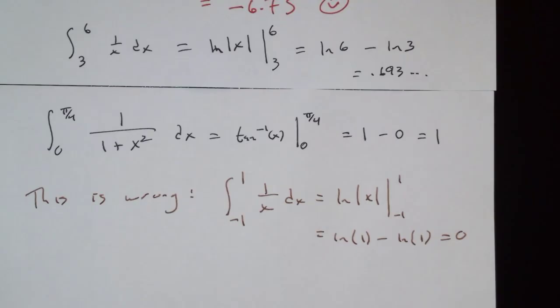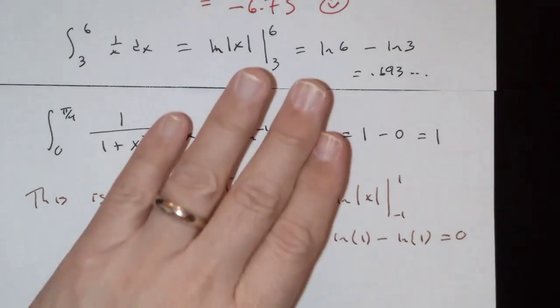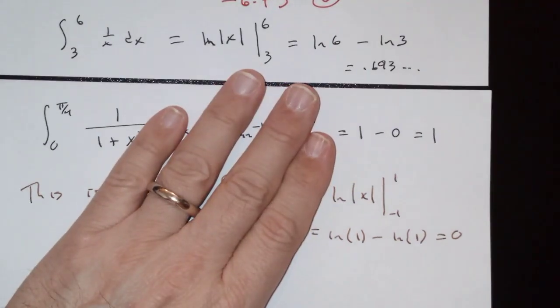Huh. The antiderivative of 1 over x is the ln of the absolute value of x. I put in 1, the absolute value of 1 is 1. Put in -1, the absolute value of -1 is 1. So I get ln of 1 minus ln of 1. That's right.